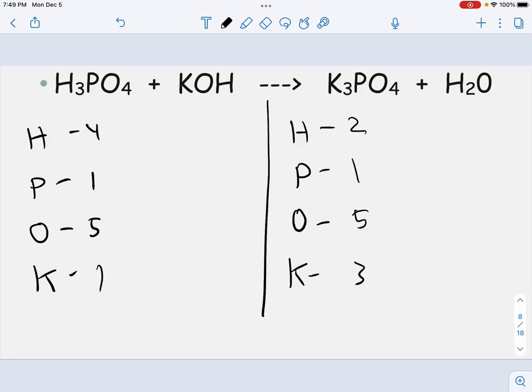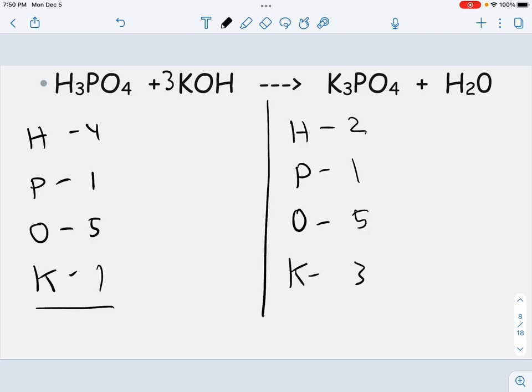So, generally speaking, you want to save hydrogen and oxygen for last. So phosphorus balances, so we're going to worry about potassium. First thing you're going to do is, in order to get to 3 potassiums on the left-hand side, we're going to add a 3 to KOH.